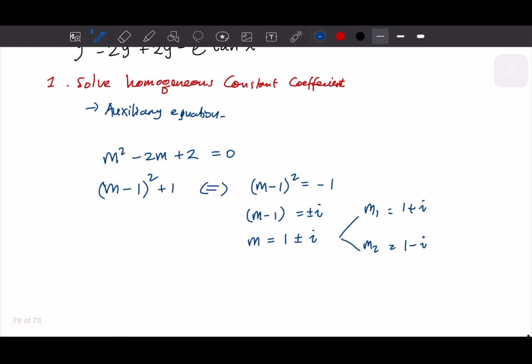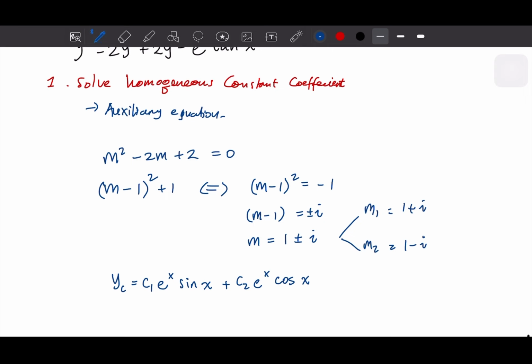So alpha is 1 and beta is 1. We take our yc as c1 e to the x sine x, because there is no other constant, alpha is 1, beta is 1, plus c2 e to the x cosine x.